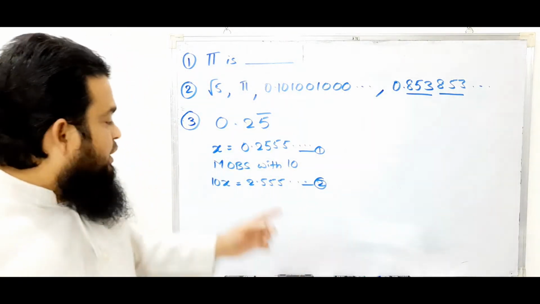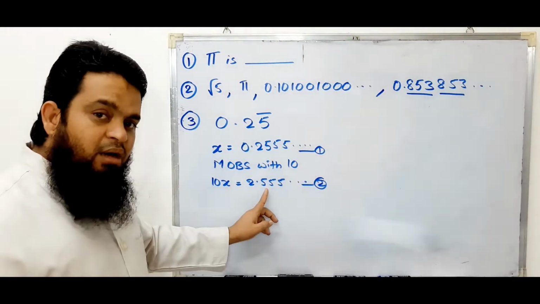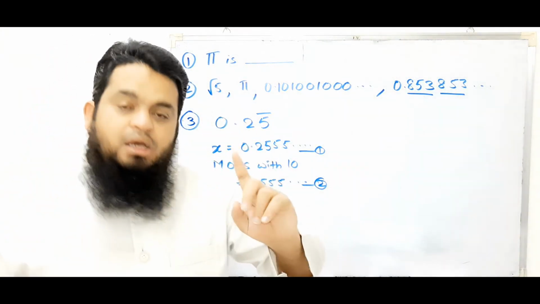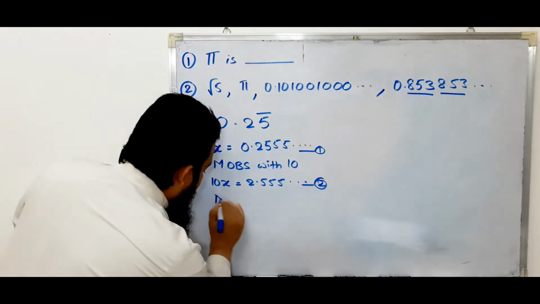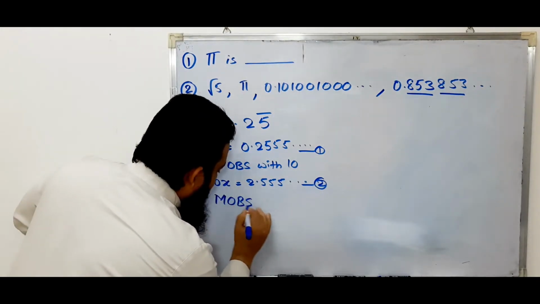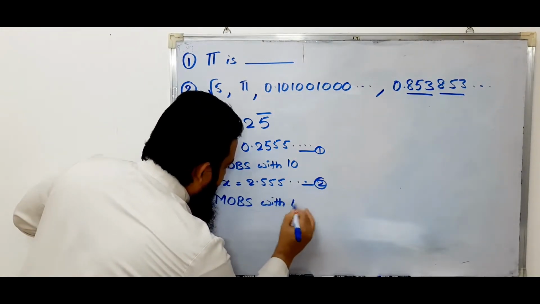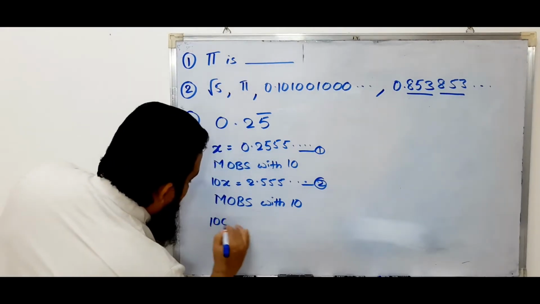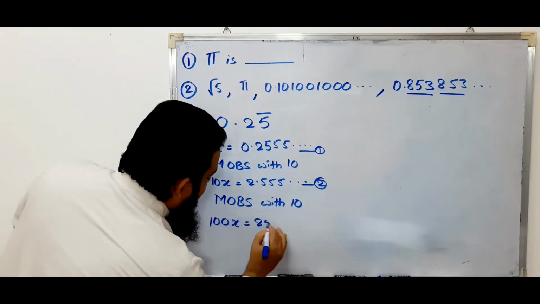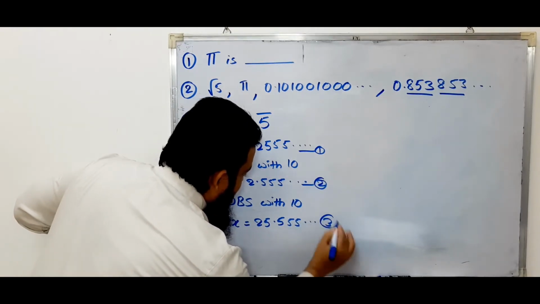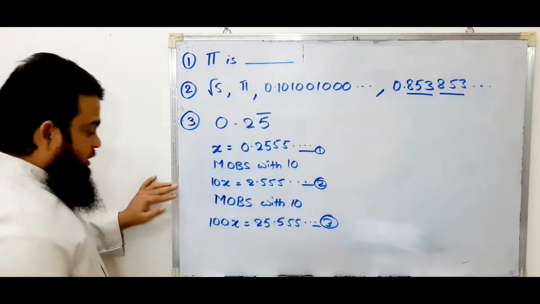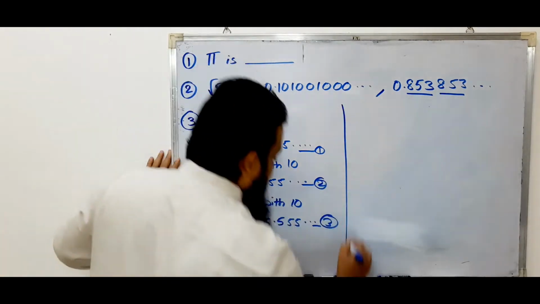For that, since here the recurring decimal is 1, multiply the second equation with 10. So multiplying on both sides with 10, it will become 100x equals 25.555, and so on. So this is the third equation. Now subtract the third and second equation.